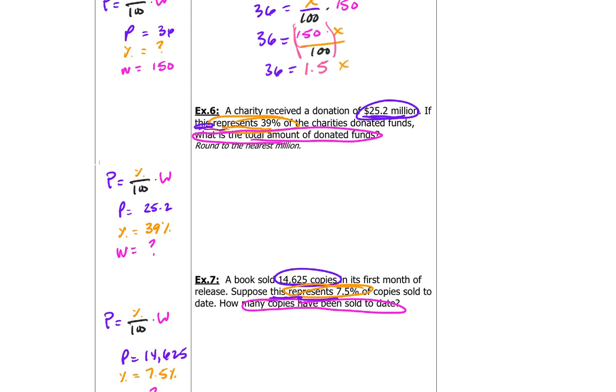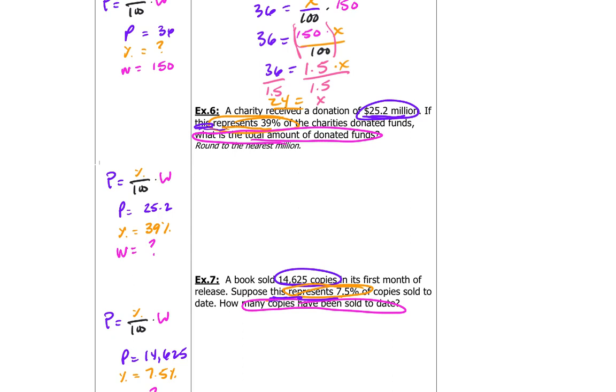Now, to undo this and solve for x, I'm going to undo the multiplication, which is by division. So I'm going to divide both sides by 1.5. So I get that x equals 24.